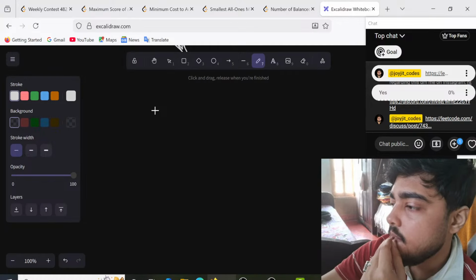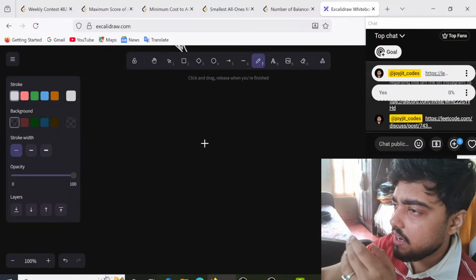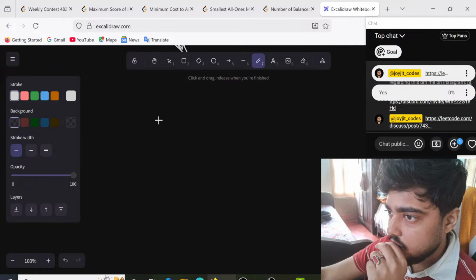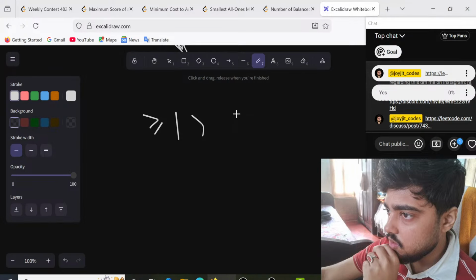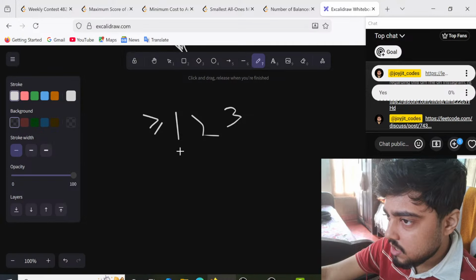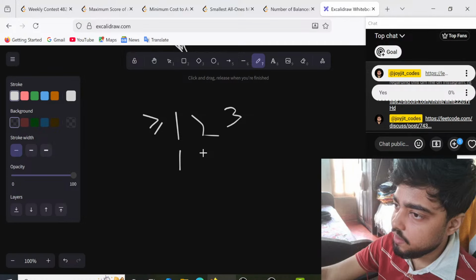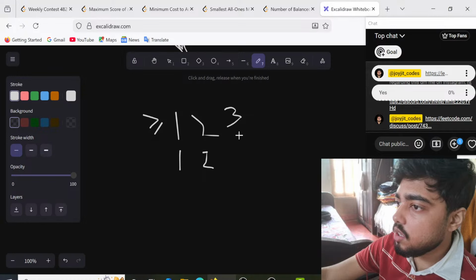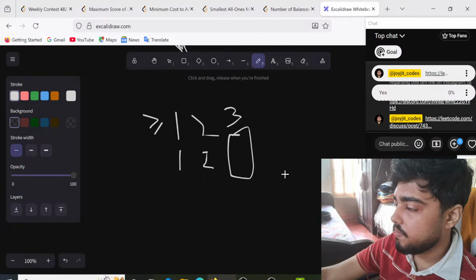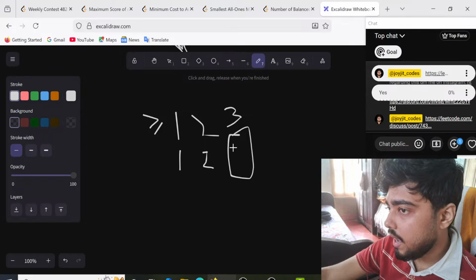So let's say I have to find a number which is greater than equal to 1, 2, 3. I'm finding a number. If I'm putting 1 over here and 2 over here, what can I put over here? I have to put anything from 3 to 9, right?